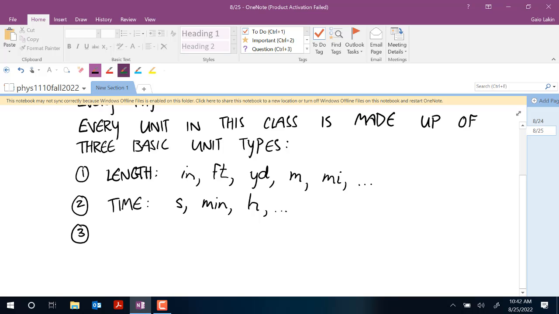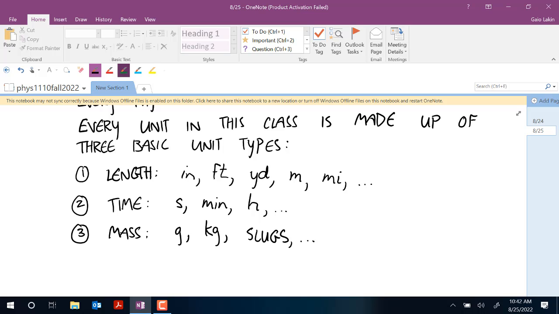And the third is mass. So that's grams, kilograms. In imperial units, that's slugs. You don't hear that one very much, but in units of feet and pounds and stuff like that, the unit of mass is slugs.